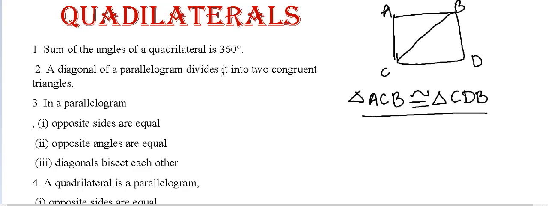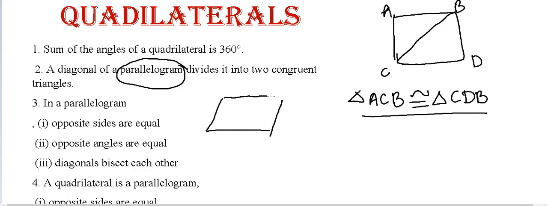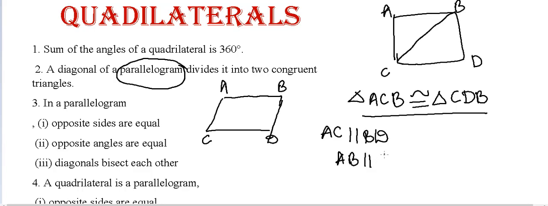Now the question is, what is a parallelogram? A parallelogram is a type of quadrilateral in which opposite sides are parallel. Like if it is a parallelogram ABCD, then AC should be parallel to BD, and AB will be parallel to CD.